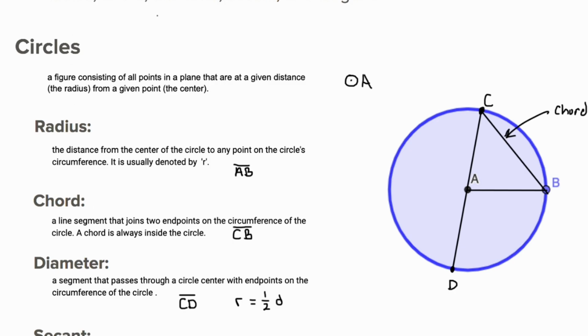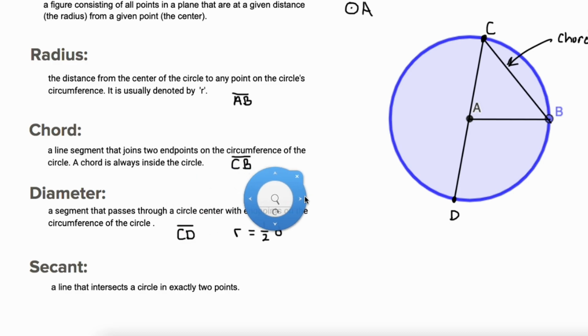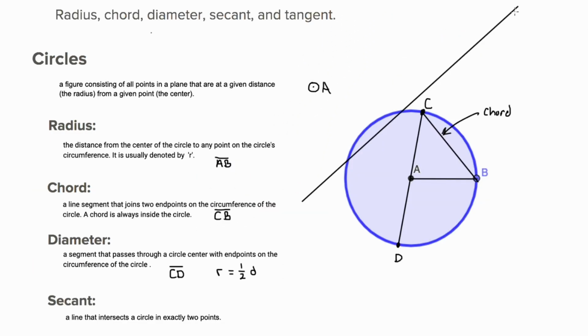Okay, secant. A secant is a line that intersects the circle in exactly 2 points. We'll do this, and we'll call these points E and F. So line EF is a secant. So capital E, capital F, use my line symbol.